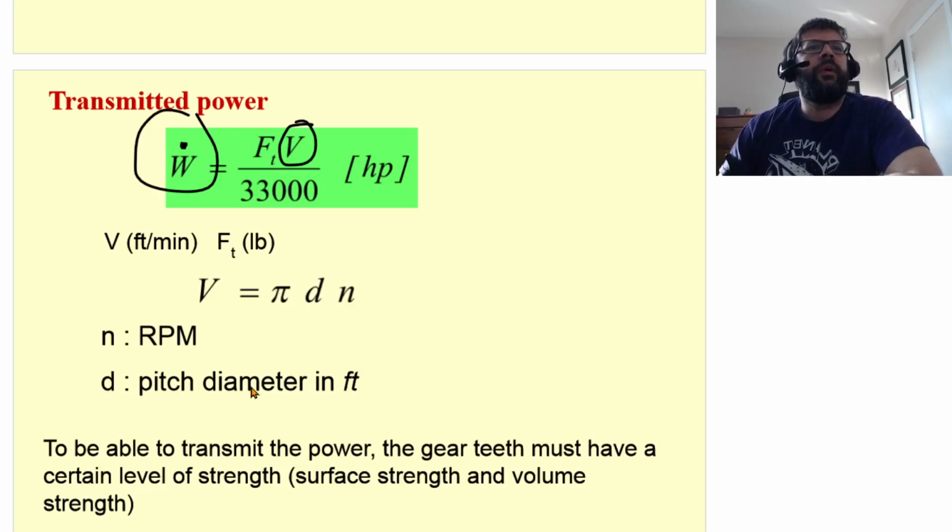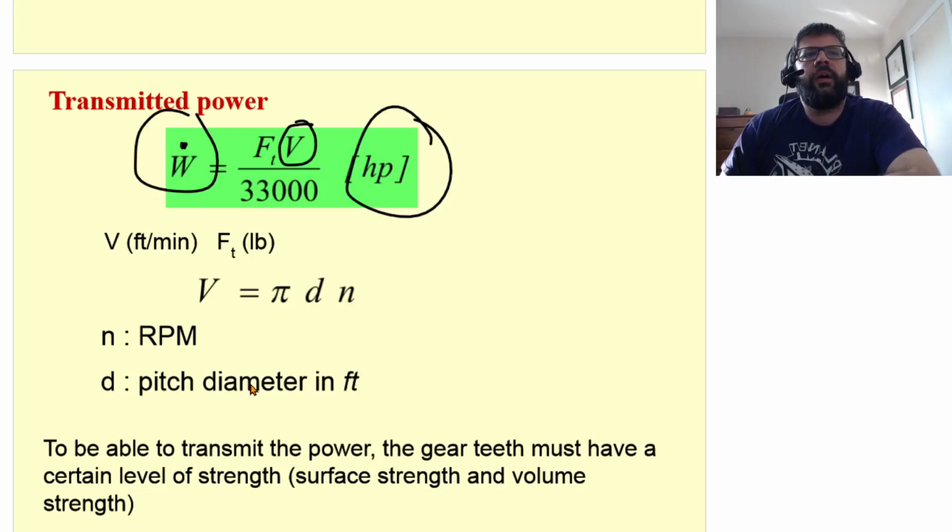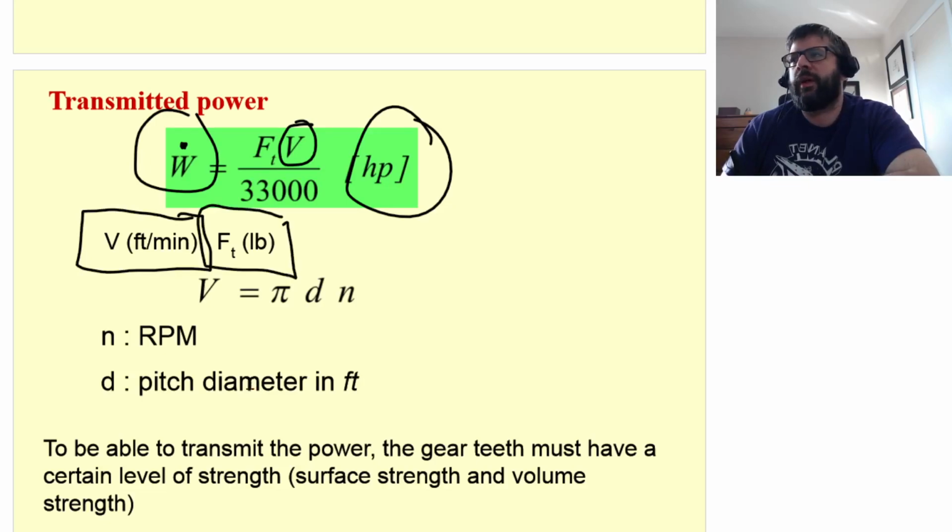If we want our power in horsepower, then we can plug in our velocity in terms of feet per minute and our tangential force in terms of pounds, multiply those two things together and divide by 33,000 to get our horsepower.